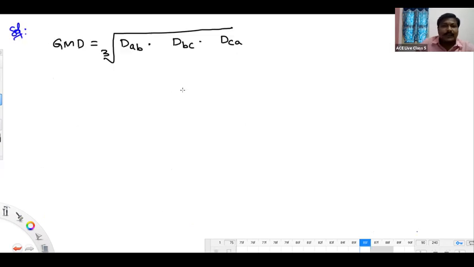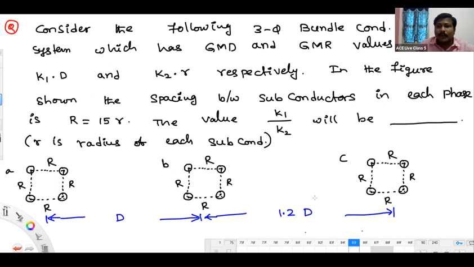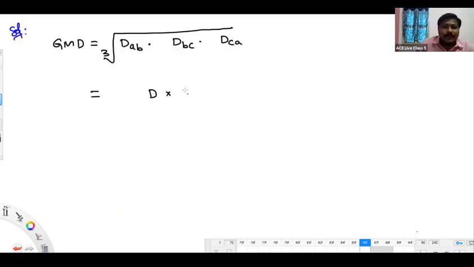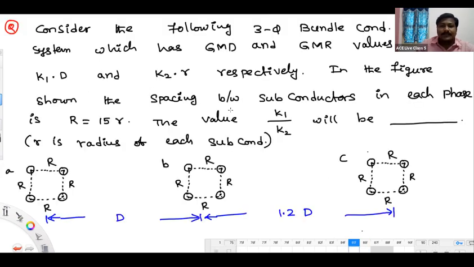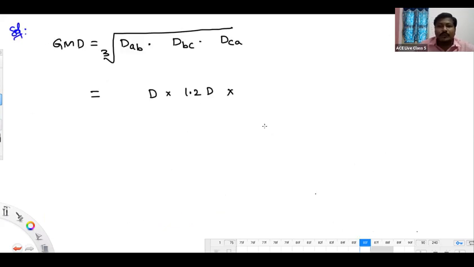Capital D. What is B to C distance? 1.2 times capital D. What is C to A distance? That is capital D plus 1.2D, which will be 2.2 times D.